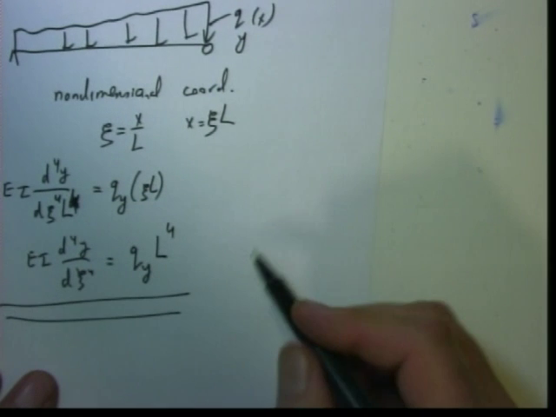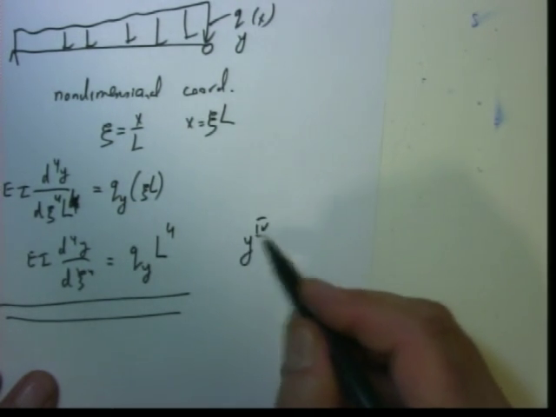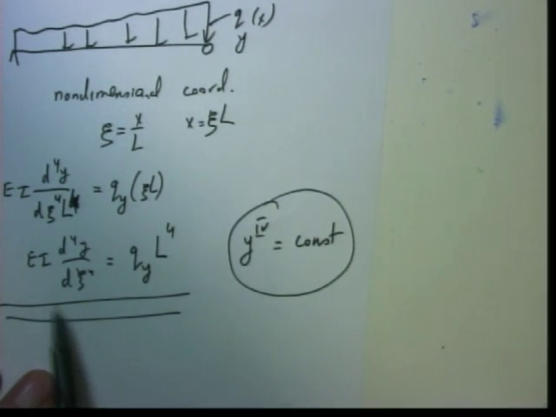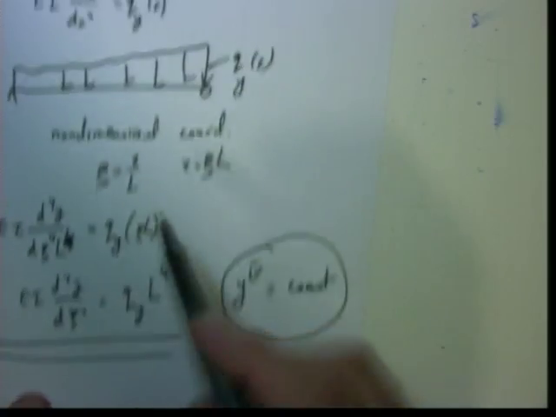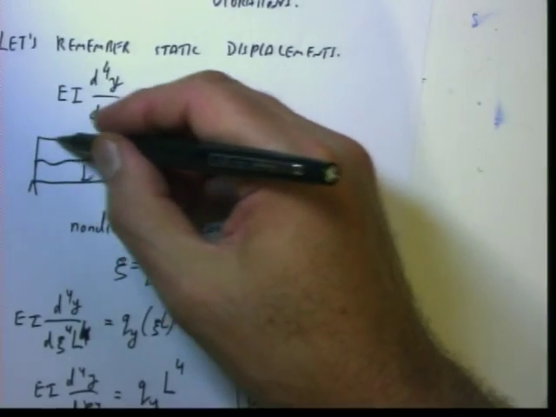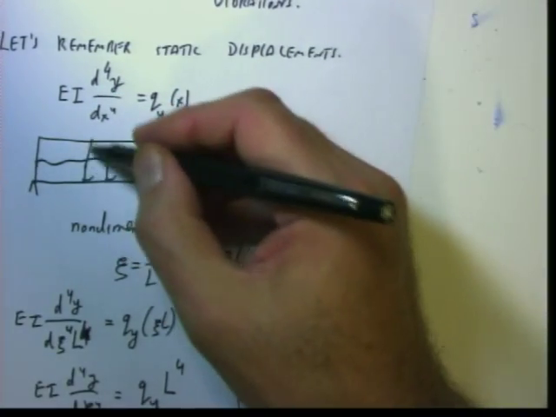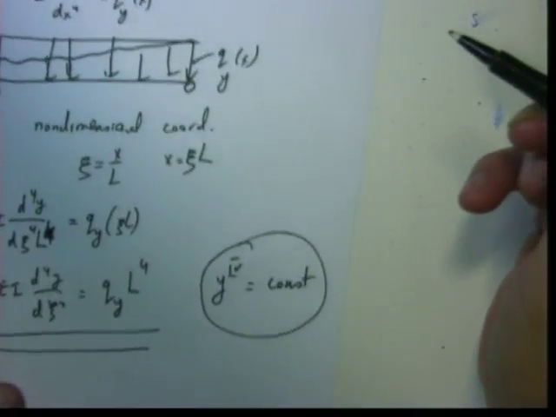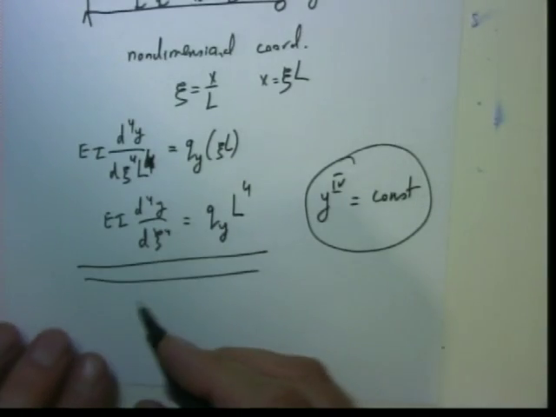So the fourth derivative is some constant, because I divide by EI if this is uniform.